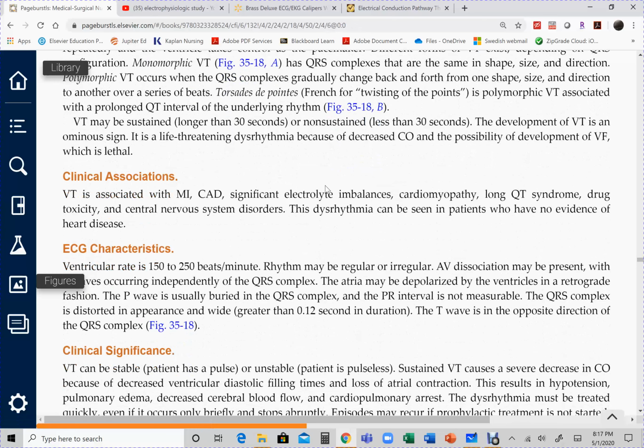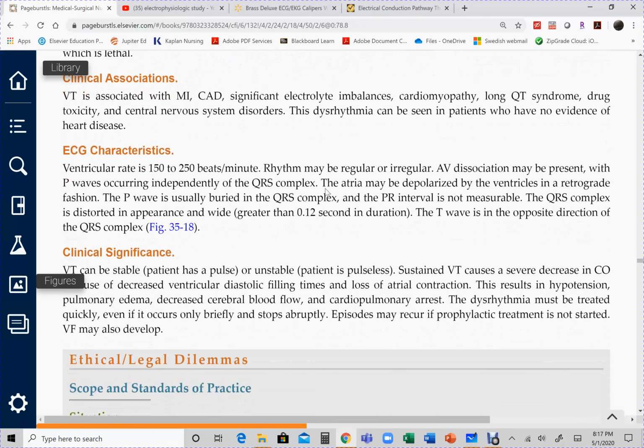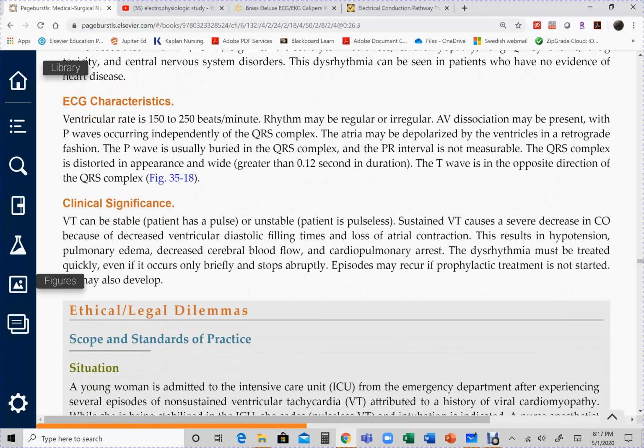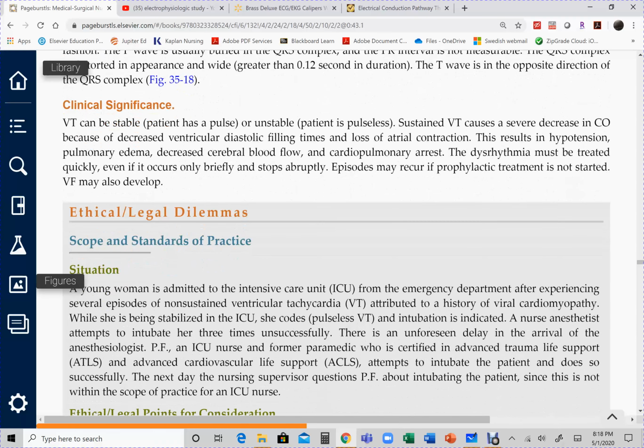Check vital signs, how the patient tolerated it. Obviously, if you don't feel a pulse or the blood pressure is in the tank, then the patient will be defibrillated. So you do CPR, defibrillation, same as V-Fib. But if the patient is stable, meaning they have vital signs, they have a blood pressure, then we will treat it with drug therapy.